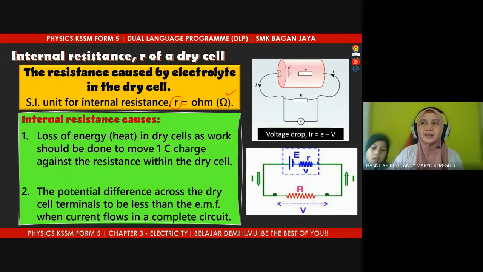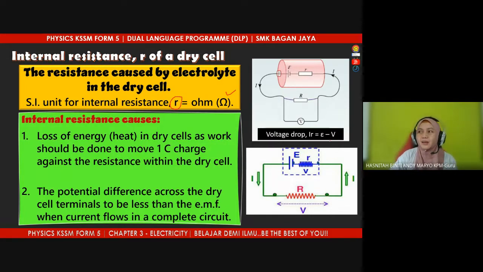Second, this internal resistance will also cause the potential difference across the dry cell terminals to be less than the EMF when the current flows in a complete circuit. So this is the effect of the existence of internal resistance in a battery. Every battery has internal resistance due to its electrolyte, only some are higher and some are lower.